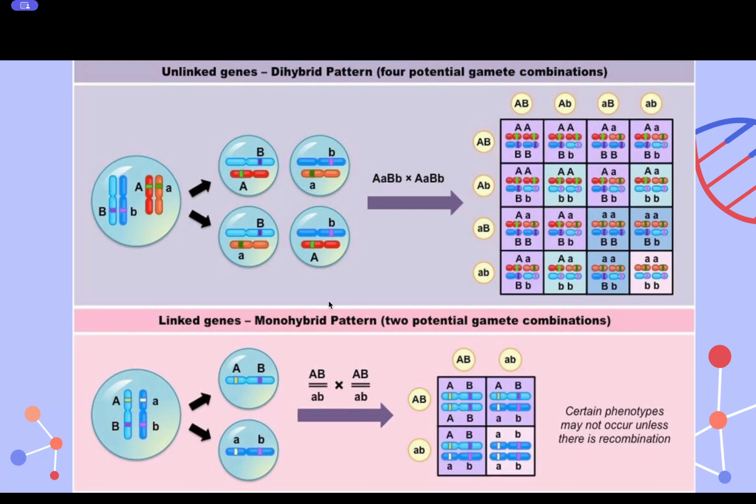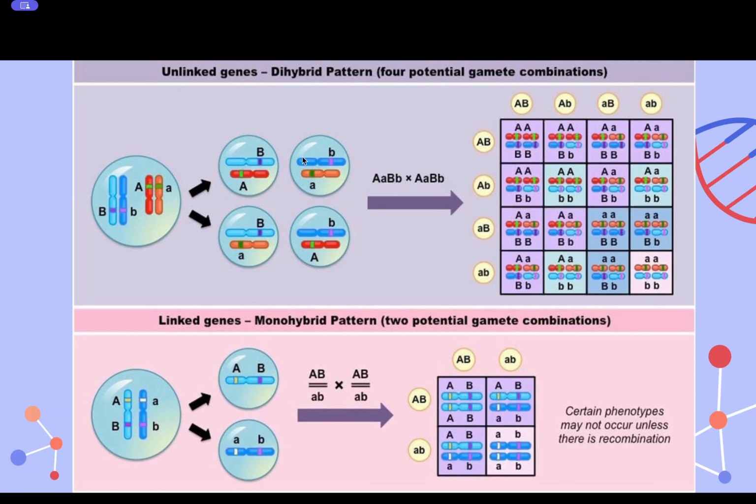So the dihybrid cross will change depending on whether or not it's linked or unlinked. At the top here is unlinked genes, right? Which means that it can be any arrangement of the two alleles, and it doesn't have to be one particular arrangement.